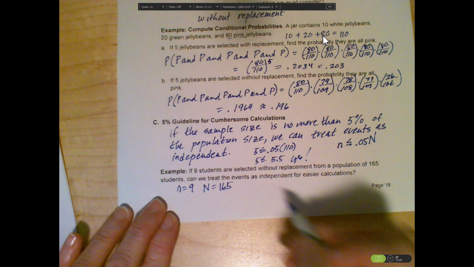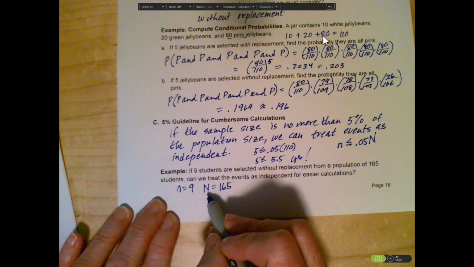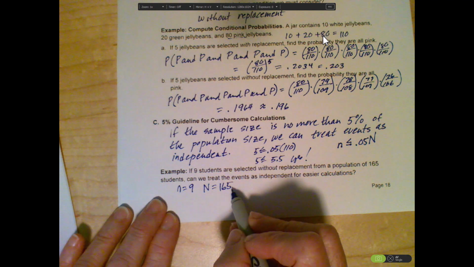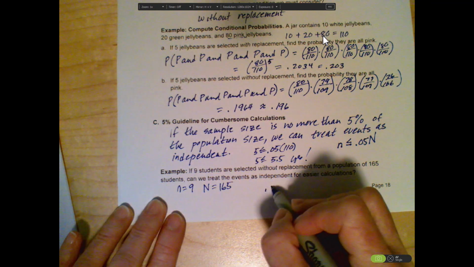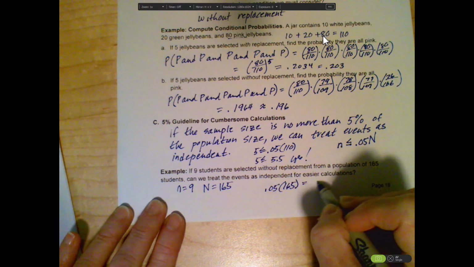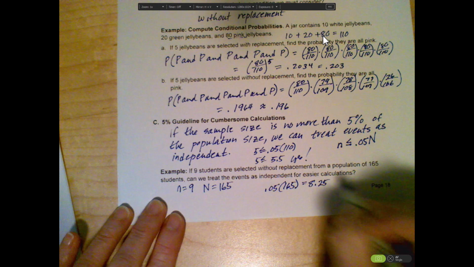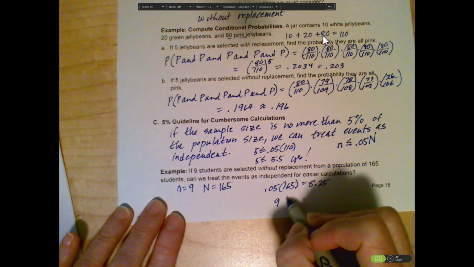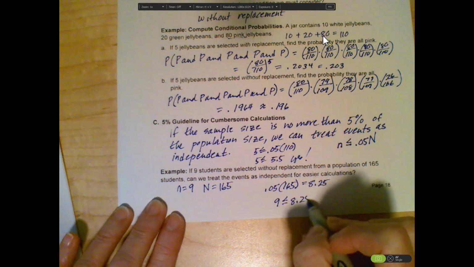So the question is n less than or equal to 0.05 times 165? So 0.05 times 165 is 8.25. So 9 less than or equal to 8.25?